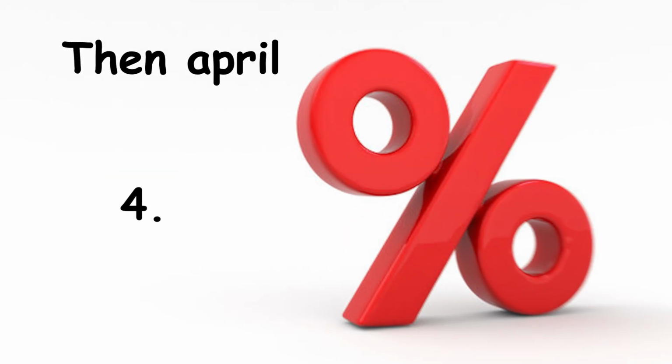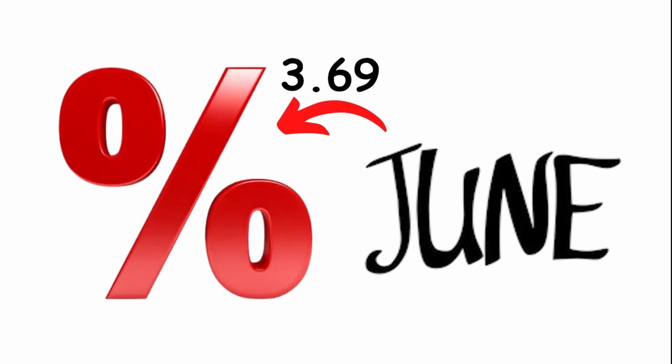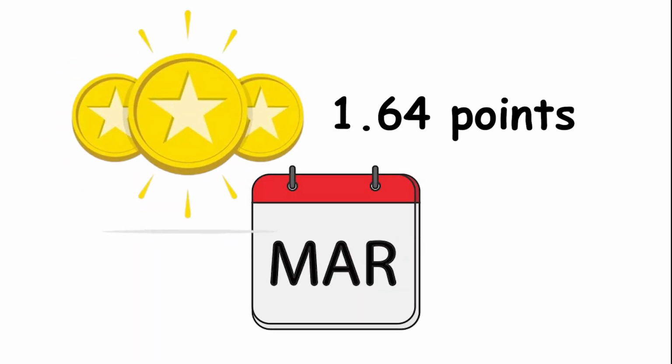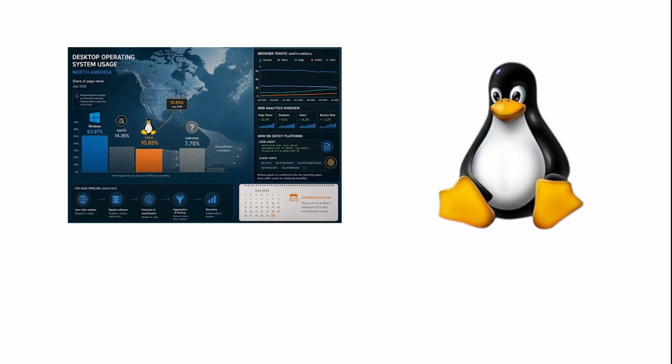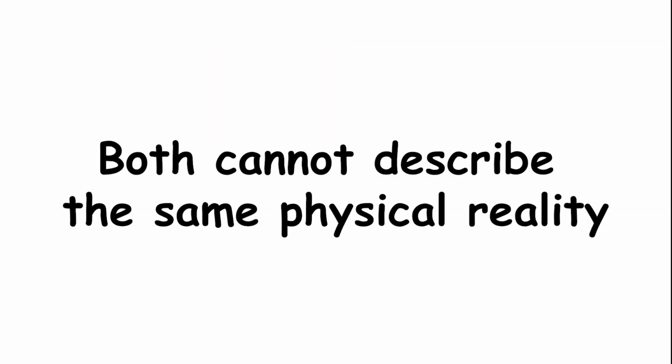Then April, 4.52%, May, 3.99%, June, 3.69%, down 1.64 points from the March peak in 3 months. So in the same window where Statcounter shows Linux nearly doubling, Valve shows Linux sliding. Both cannot describe the same physical reality.